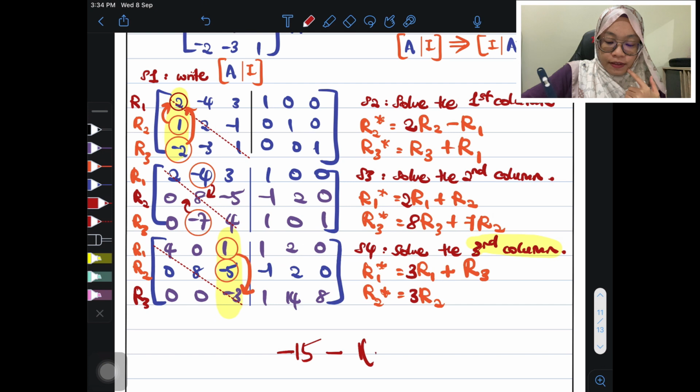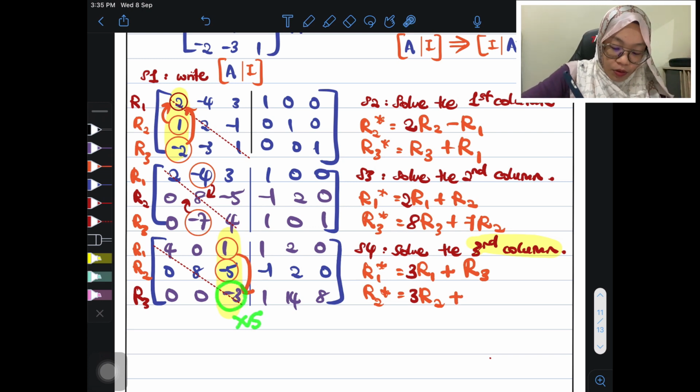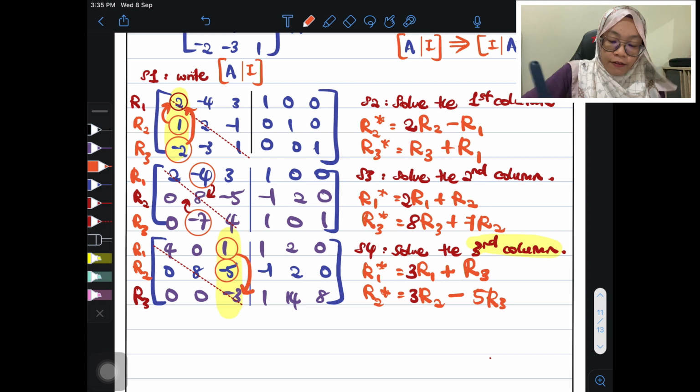Tolakkan dengan negative 15, baru aku dapat 0. Oh, so that the third row I must times it with 5, is it? Yes. The third row you must times it with 5 so that you get 15. The thing is, yang ni ada negatif, kena letak negatif. The thing is, you cannot plus, you must minus. Minuskan dengan 5 times the row 3.